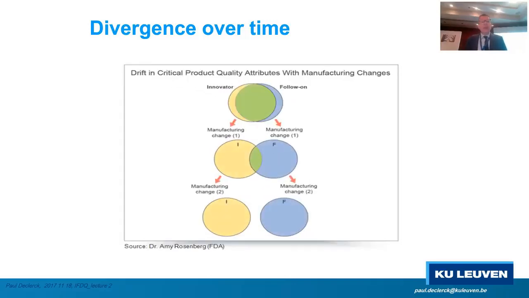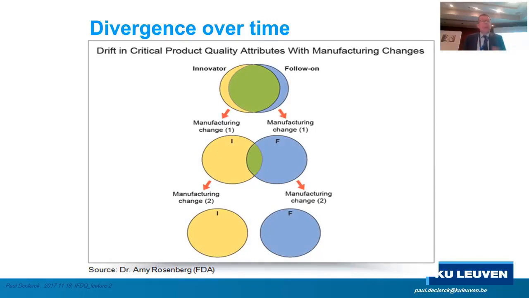This actually means that it is possible that for particular critical quality attributes, the two products shift from each other in opposite directions. So even though the intrinsic quality remains okay, even though both products remain safe and effective in a patient, it could happen that after 10 years, the biosimilar that we have approved is not, from a statistical and scientific point of view, similar anymore to the reference product.